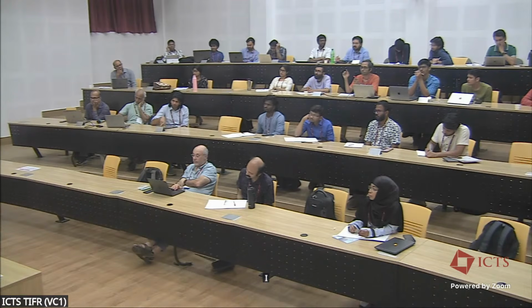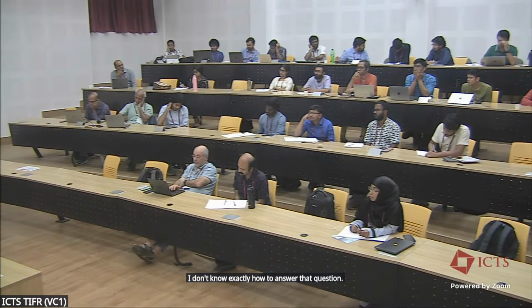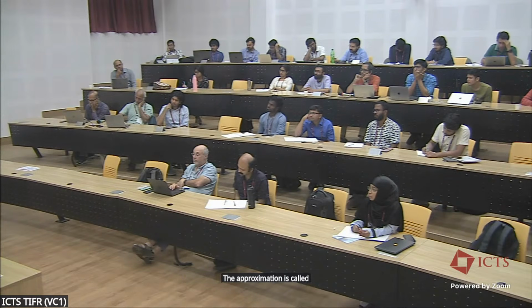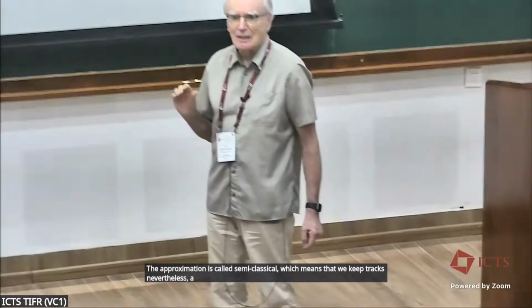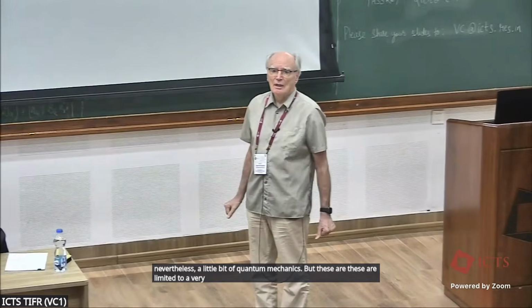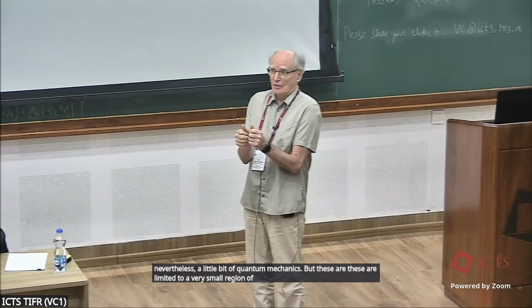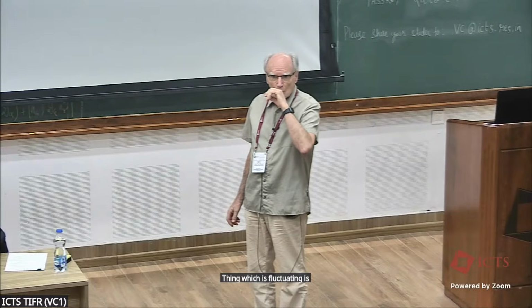I don't know exactly how to answer that question. The approximation is called semi-classical, which means that we keep track, nevertheless, of a little bit of quantum mechanics. But these are limited to a very small region of the phase space for the variable. The thing which is fluctuating is some other mode, I believe.